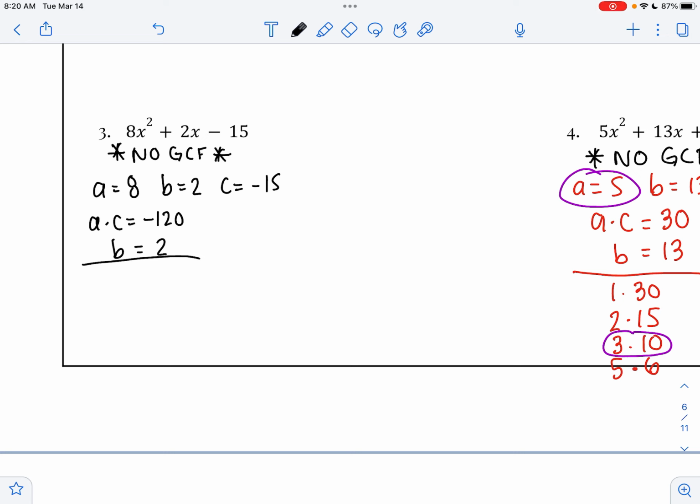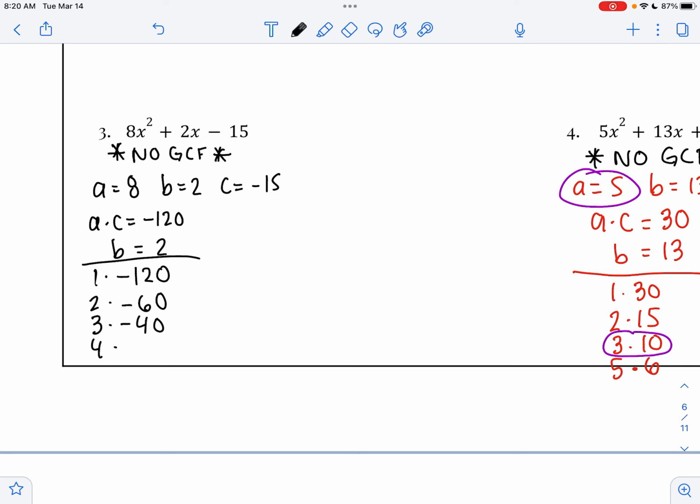So on this one, we're going to find the multiples of negative 120. And there's a lot. And honestly, I didn't even write them all out. So let's see if I can do this in my head. So 120 divided by 1 is 1 times negative 120. Divided by 2 is negative 60. Negative 120 divided by 3 is negative 40.